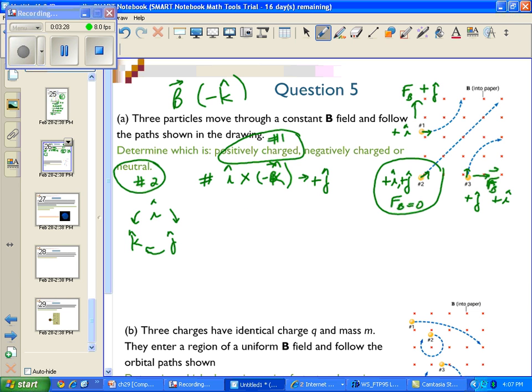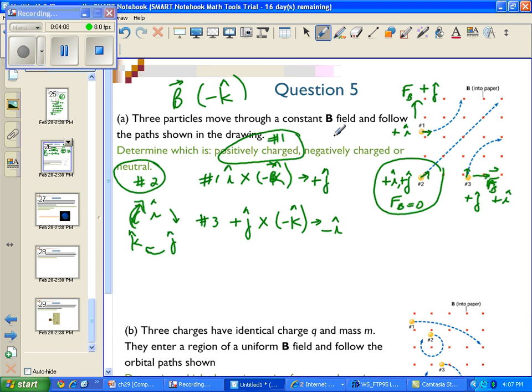Well, what about number 3? Number 3 starts off in the positive j hat direction. We cross it with minus k hat. j hat cross k hat, oops, this arrow's in the opposite direction, it should point clockwise. j hat cross k hat is i hat, but because we have a negative k hat, this gives us a direction of minus i hat. Now, when we look at FB, the direction is positive i hat.